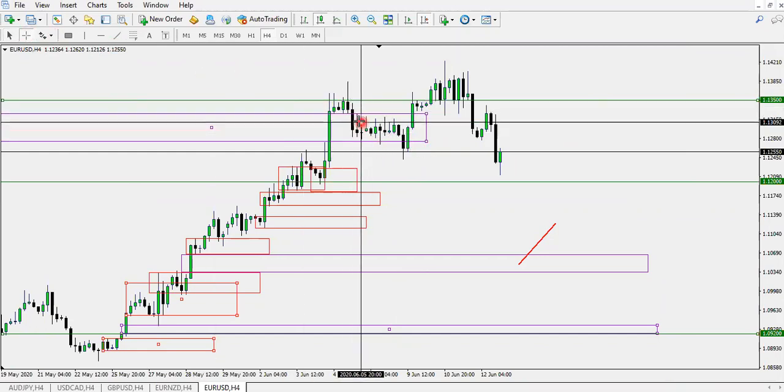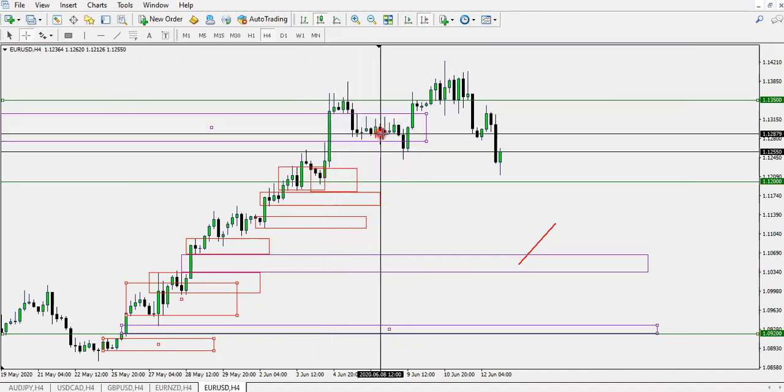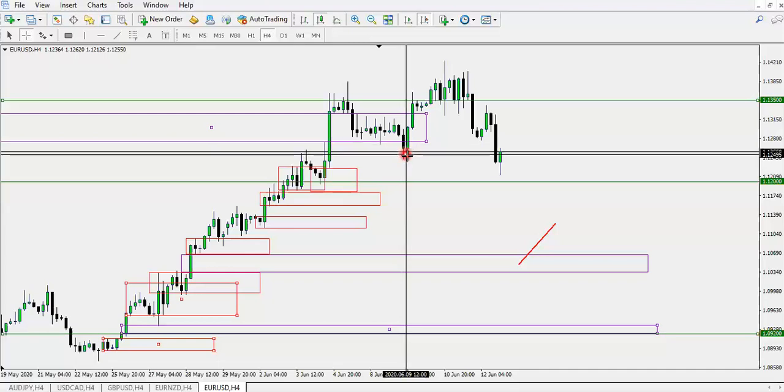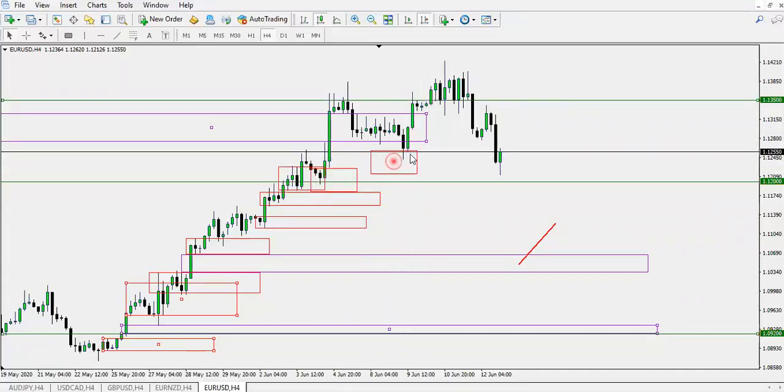So price was imbalanced over here on this candle, and basically price rebalanced itself, and you can see that another order block was created over here. So this was our order block that took us up past the 500 institutional level, our 13,500 institutional level.